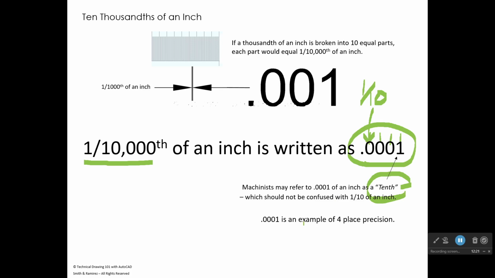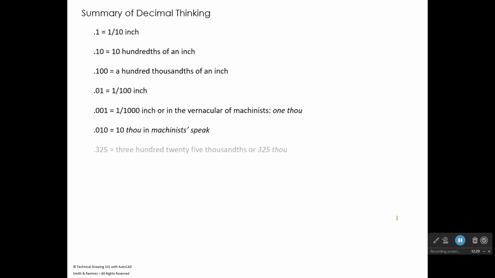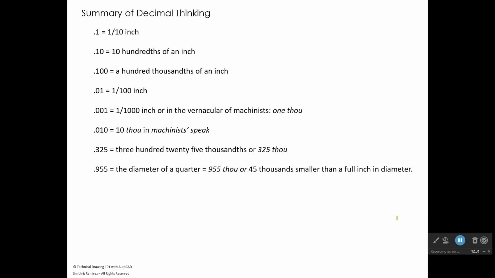So like we say here, this is an example of 4-place precision. All right. So I'm going to skip through, and there's one I wanted to point out to you here. This is kind of a review of what I just covered. Let's say that you have a 0.955. So that's 955 thousandths of an inch. Well, that is the diameter of a quarter.